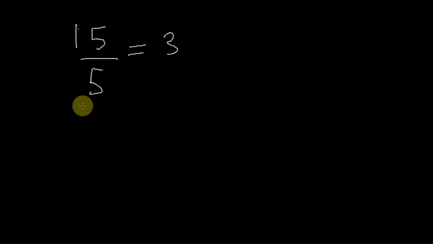But what if we did 0 divided by 5? Well, it's better if I do this. So we know 15 divided by 5 is 3. But how about we call it a letter A for the time being and work that out, so if we were going to do 15 equals A times 5.